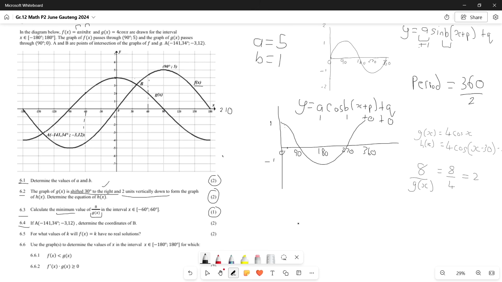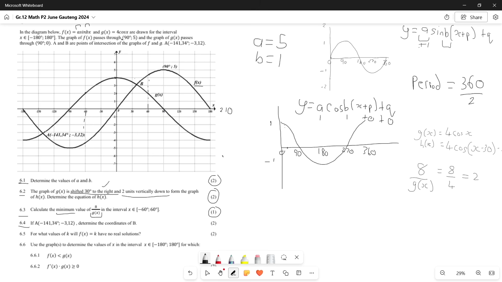This is also just a question that we have to interpret, because what happens is that intersection points between sine and cos graphs happen every 180 degrees, which means, as we can see here, we're sitting at minus 141,34 degrees for the x value in terms of degrees, and the b value here is sitting just after 30 degrees over there. And we don't usually want to equate these two things and try and solve for them.